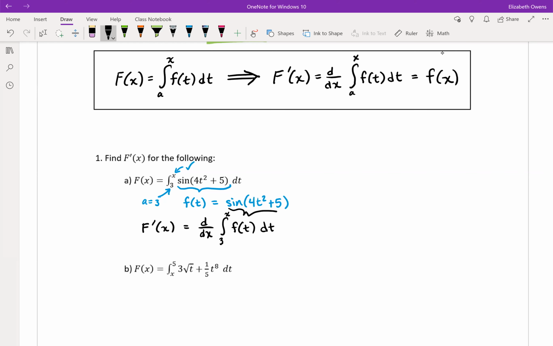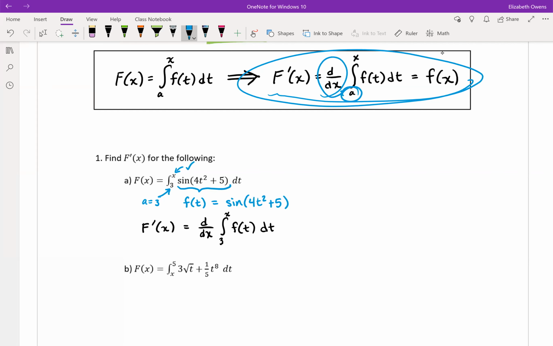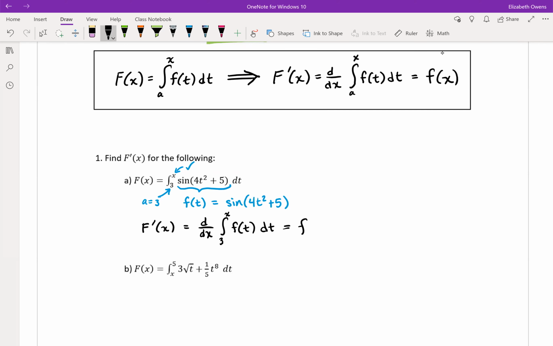We know that f of t is that sine function. So this literally looks exactly like what we're seeing in our definition box up here. Derivative with respect to x. We've put a 3 in for the constant a, but then there's literally f of t dt inside of the integral. So we are going to get little f of x by FTC part 1.